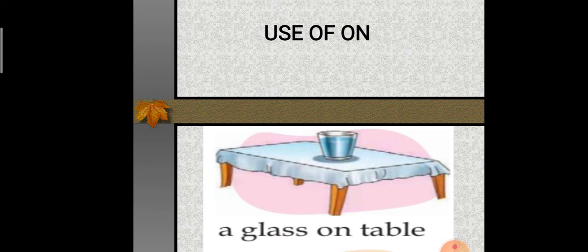A glass on table. Now we are taking examples of use of on. Before this we discussed use of in. Now we'll take examples of use of on. A glass on table. Where the glass is kept? On the table. So what we'll say? A glass on table.